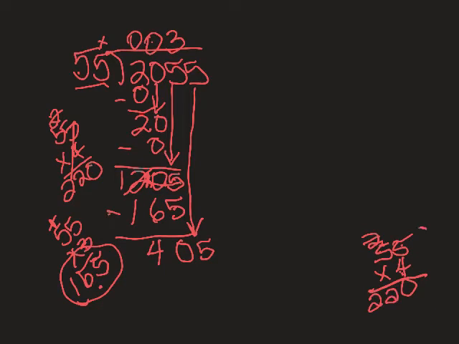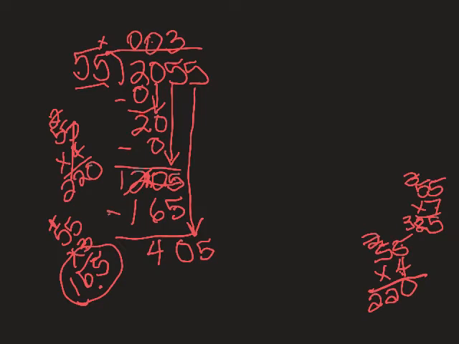So let's do 55 times 7. Okay, 7 times 5 is 35. 5 times 7 is 35 plus 3, which is 38. Okay, 385.